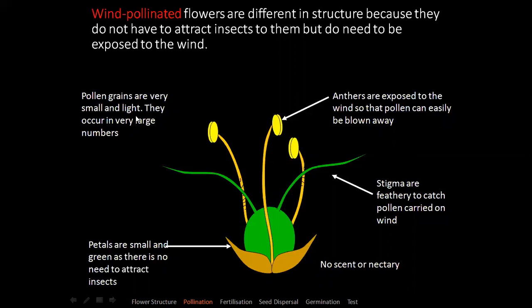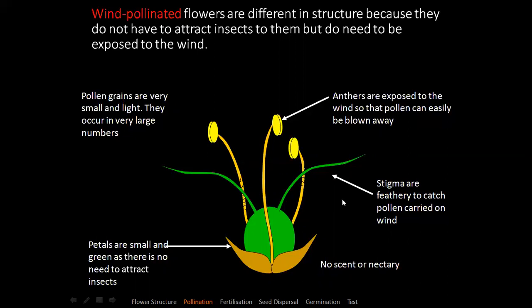And the pollen grains develop in these flowers in large number. Why? Because when it happens through wind, there is more chance of pollen grain wastage.